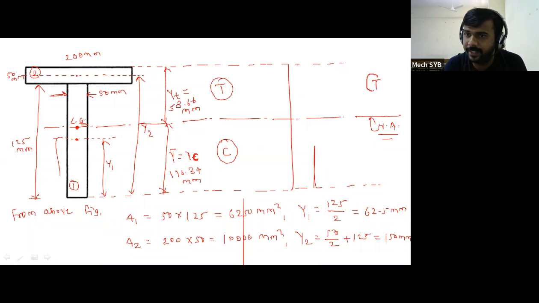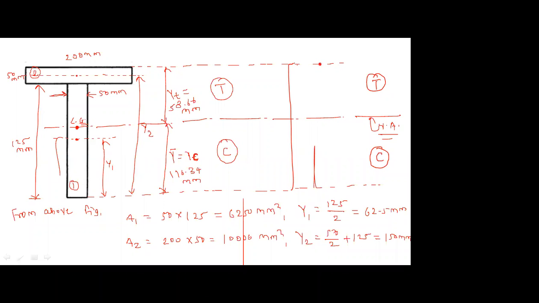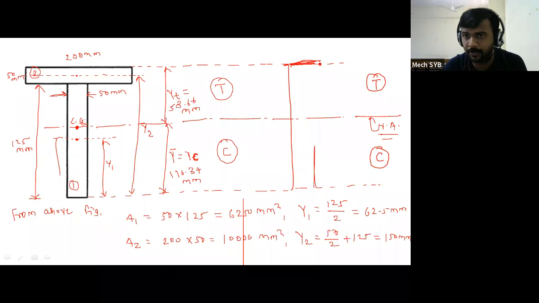This is your tensile region, this is your compressive region. Now what is the value of sigma t? It is equal to 92.46 Newton per mm square. So this is the value of sigma t from this line. And sigma c will come on the left side, this is the sigma c point, and this sigma c is equal to 183.38 Newton per mm square.